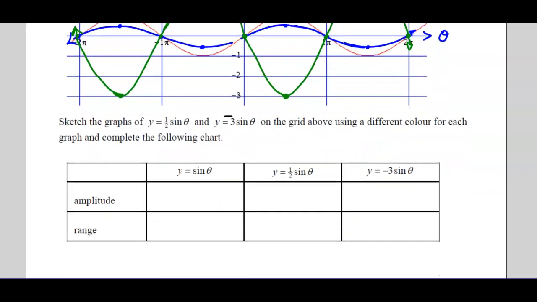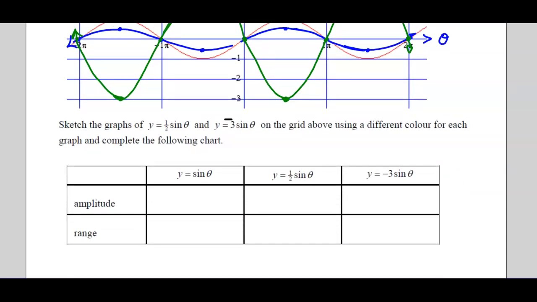For right now, there are some, but... Okay, so amplitude. If there's nothing in front, it's a 1, right? And we know the range is between negative 1 and positive 1. Now for a half sine theta, amplitude is a half.